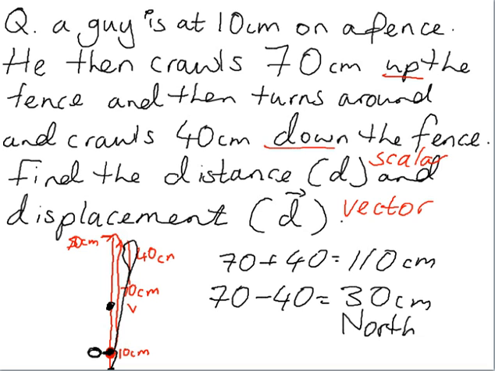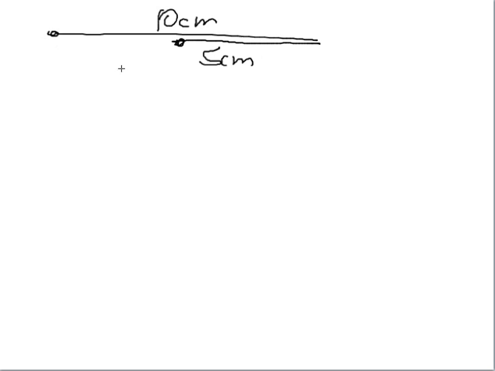Now let's take a couple of examples to practice some of this and see if you know what we're doing. If a person went all the way there, which is maybe 10 centimeters, and then went halfway back, which is 10 divided by 2, 5 centimeters. What is the distance? Well, he walked a total of 15 centimeters, which is 10 plus 5.